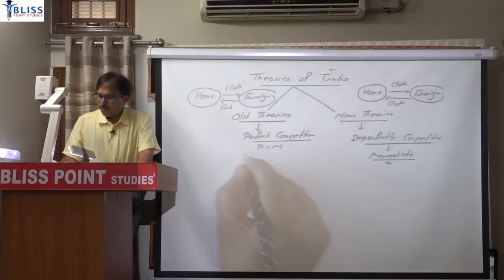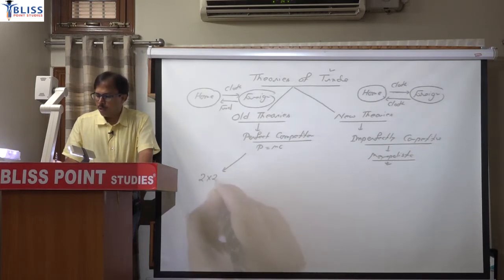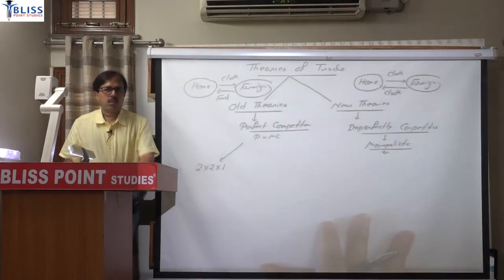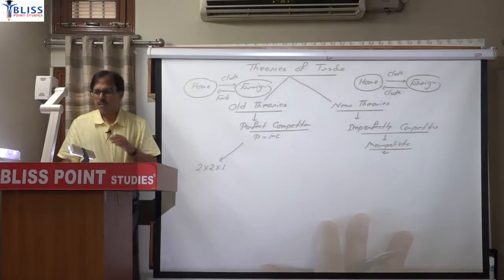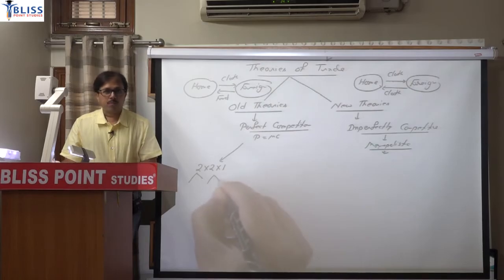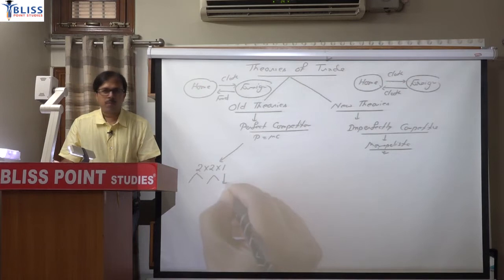Now among old theories, we will be starting with the initial model, which is the 2 by 2 by 1 model. That 2 by 2 by 1 model is talking about trade between two countries, let us say home and foreign. In Krugman this is explained in terms of home and foreign, in Salvatore it is written as nation 1 and nation 2, so it does not make any difference. So trade between two countries producing two products, say cloth and food, by using only one factor of production, that is labor.